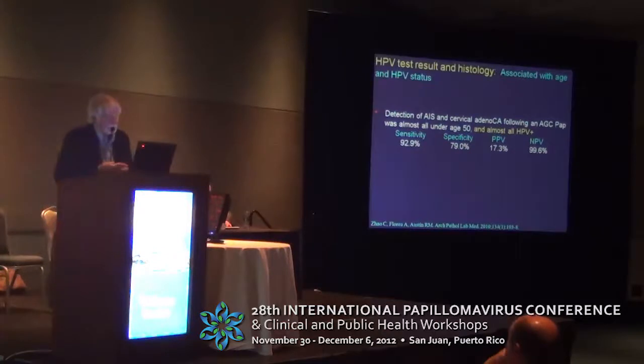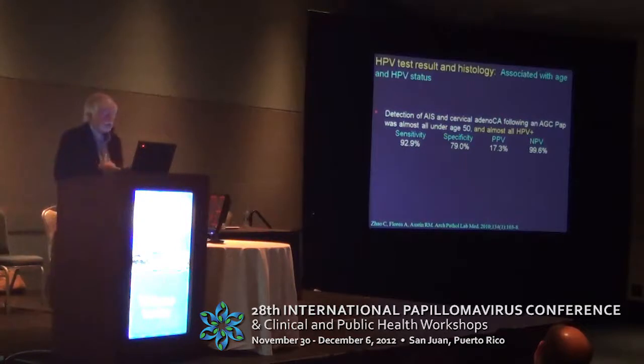Now, Zhao and Marshall Austin looked at HPV test results in histology and cytology that they had with co-testing results. And they found that detection of AIS and cervical adenocarcinoma following an AGC Pap was almost all under the age of 50.